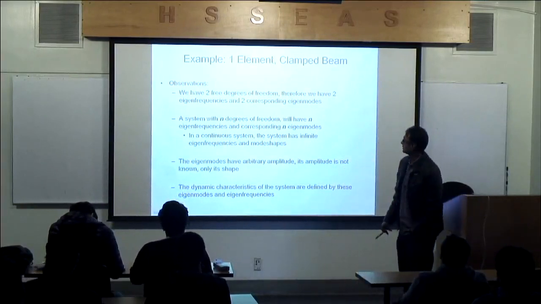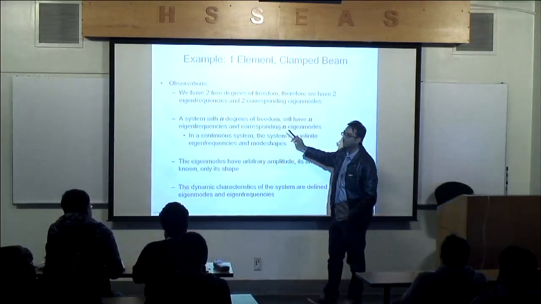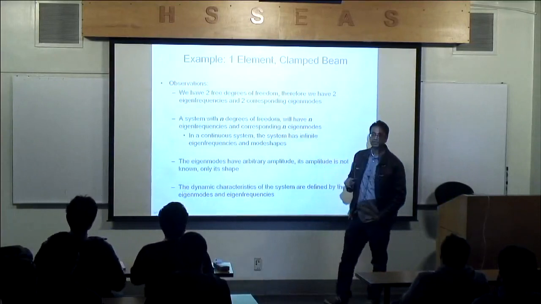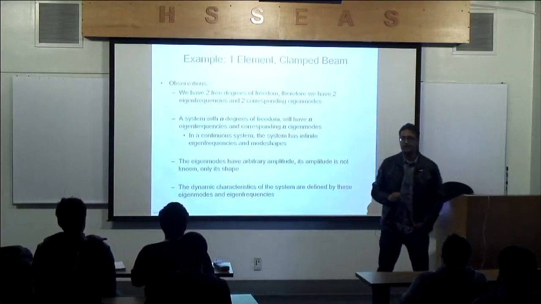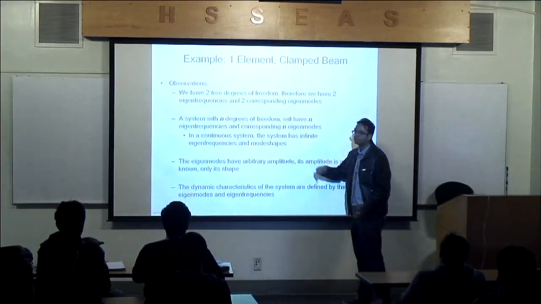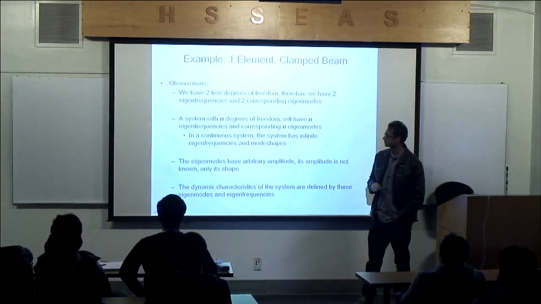A system, generally a system with n degrees of freedom, will have n eigenfrequencies and a corresponding number of eigenvalues, n of them. Okay. In a continuous system, as we discussed, I will have an infinite number of eigenfrequencies and mode shapes.